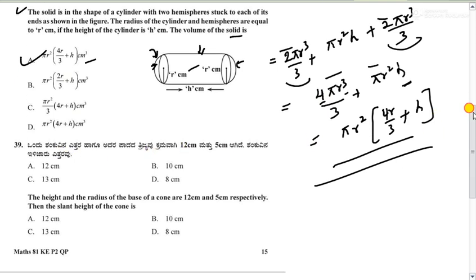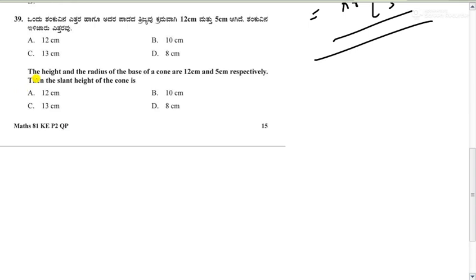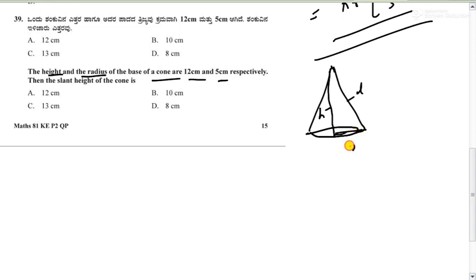Next, coming to second last question. The height and radius of the base of a cone are 12 and 5. This is cone, okay. We call from center to center, this as height, this as slant height L, and this is radius.